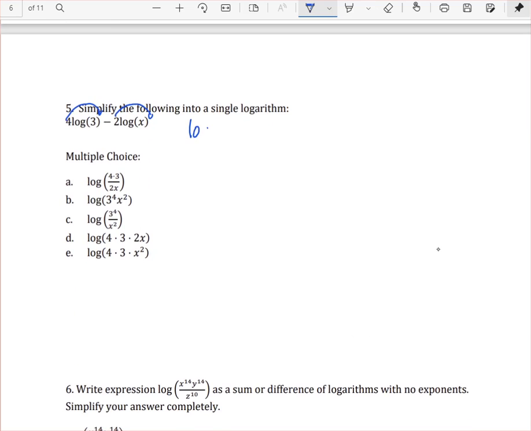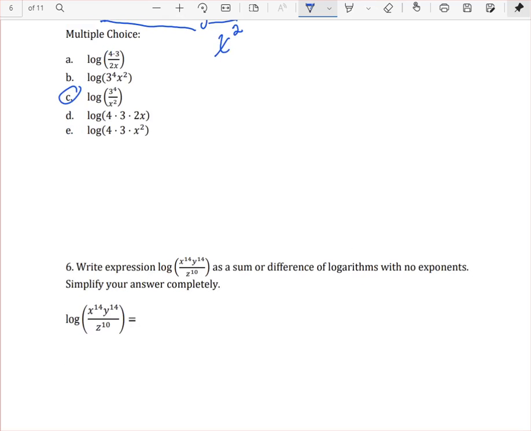So I end up with log 3 to the 4th divided by x to the 2. Divided by because of the minus. So the division comes from the minus, and then any numbers on the front, you carry them up as powers.